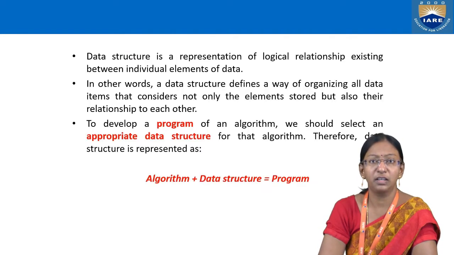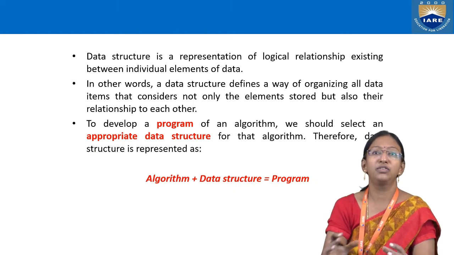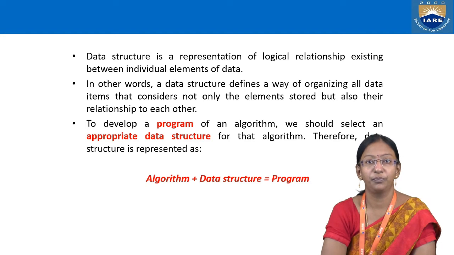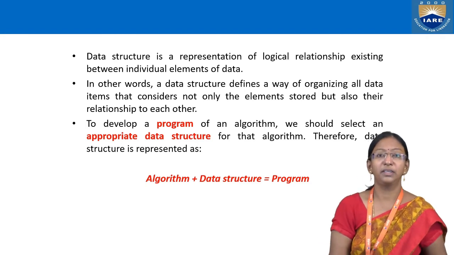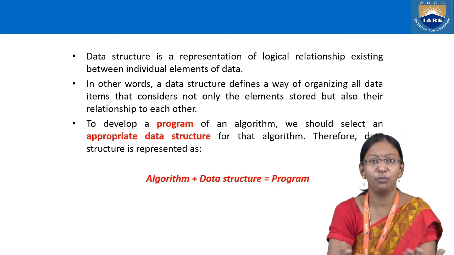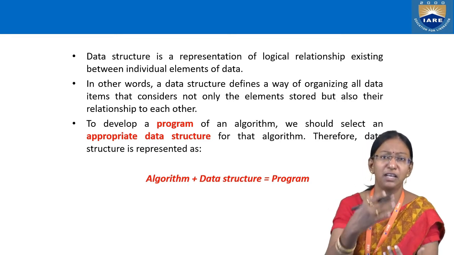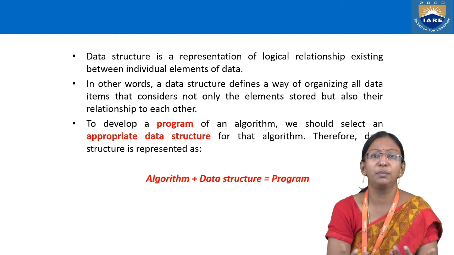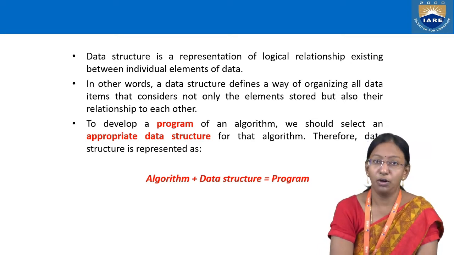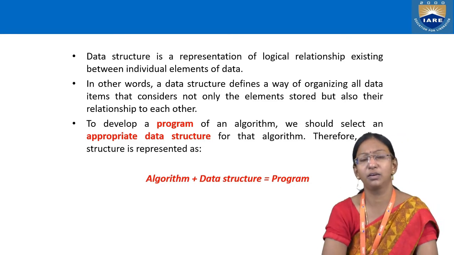Data structure is nothing but building a logical relationship between elements of data. For example, consider the data about yourself. If someone asks you, tell me about yourself, you will be telling your name, your father's name, your phone number, and your email ID, right? Let's take these four basic points.